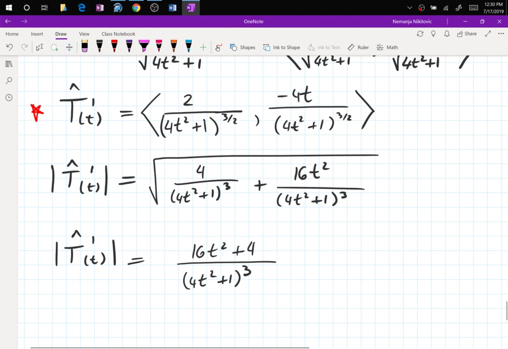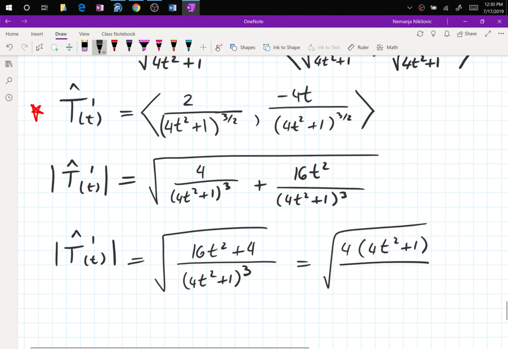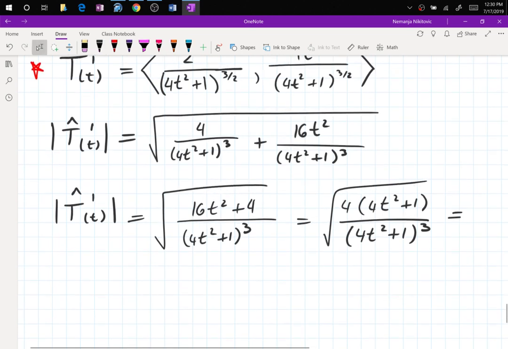Now, do we all see that we can factor out 4 in the numerator? Isn't that going to be nice? Of course it's going to be nice, right? When you factor out 4 in the numerator, it gives you 4t squared plus 1 divided by (4t squared plus 1) cubed. Do you see what happens now? It simplifies, right?